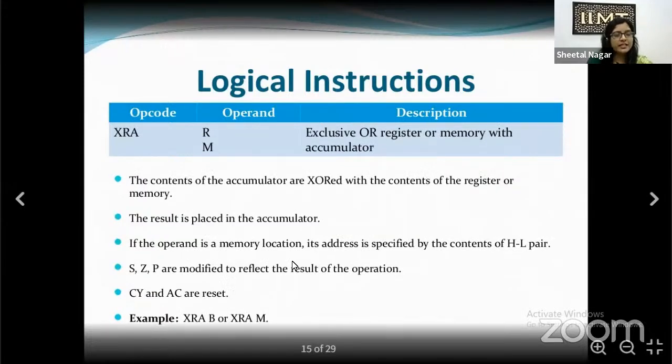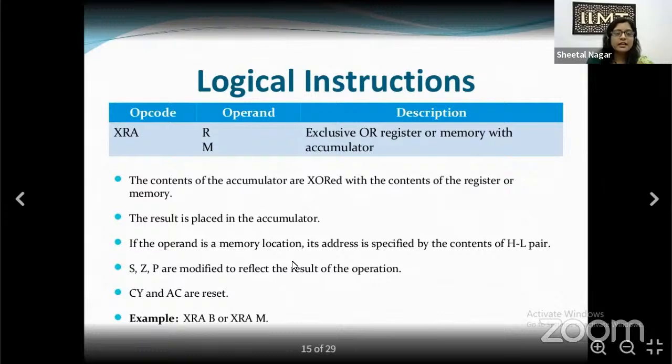Now, the next one is XRA R. The XOR operation will be performed with the contents of register R and the contents of the accumulator, and the result will be stored in the accumulator. Again, R represents any general purpose register and M is the memory pointer.